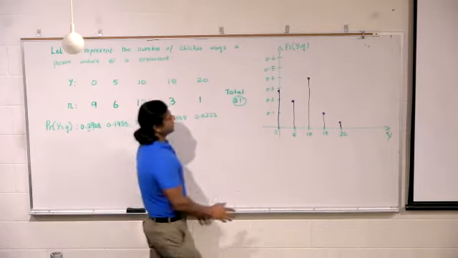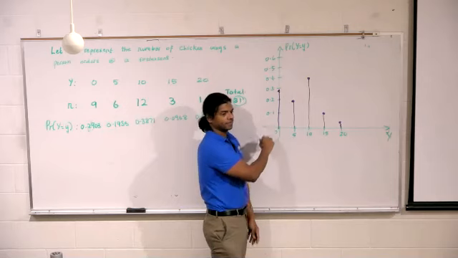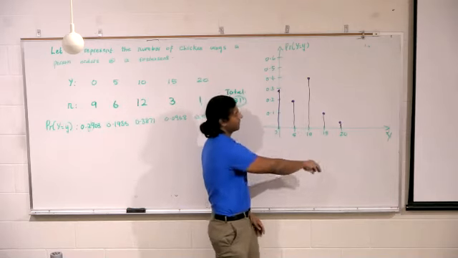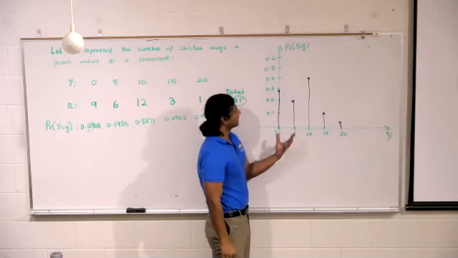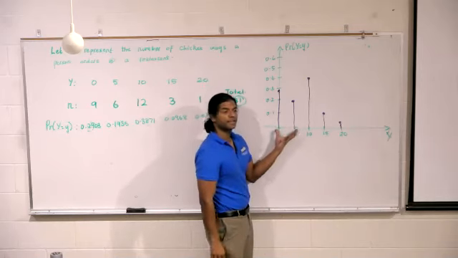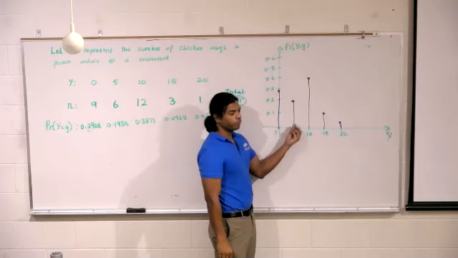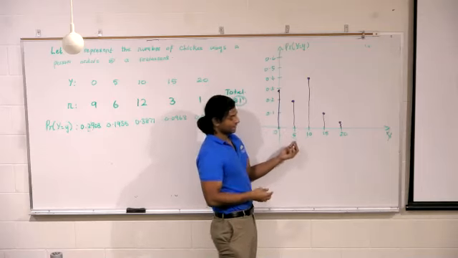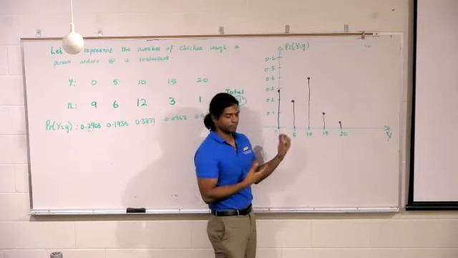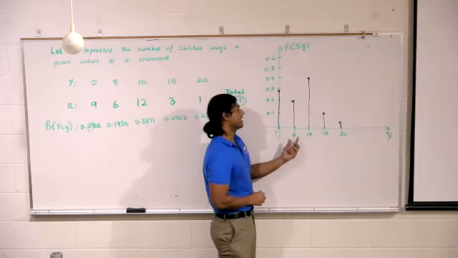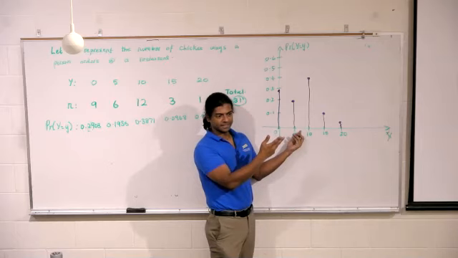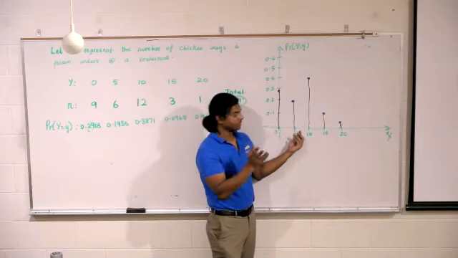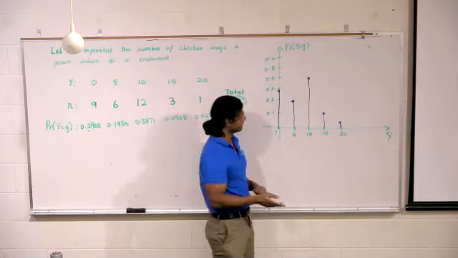The majority lies over here, and as you go farther, the probability decreases. So the average would fall somewhere here, and you can't buy 6.5 wings. You could eat 6.5, but you can't buy. So you round it to the nearest integer, because we want it to be discrete.